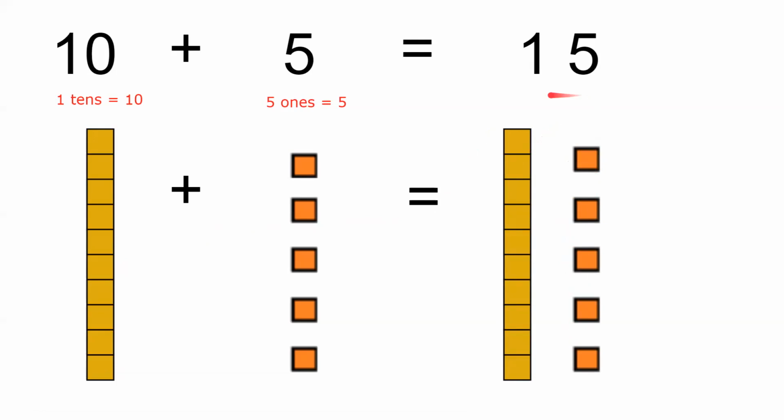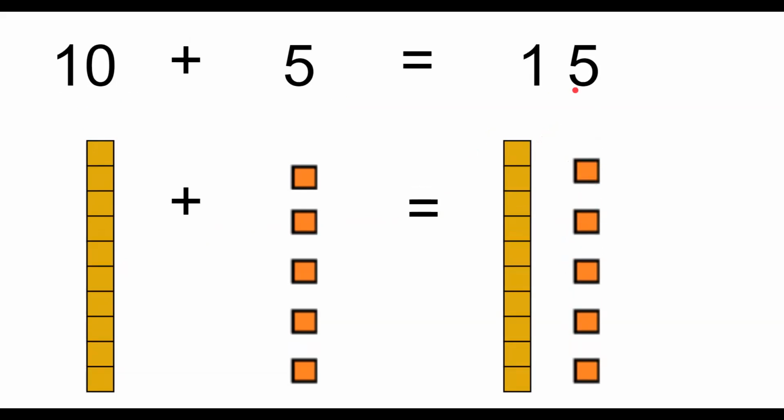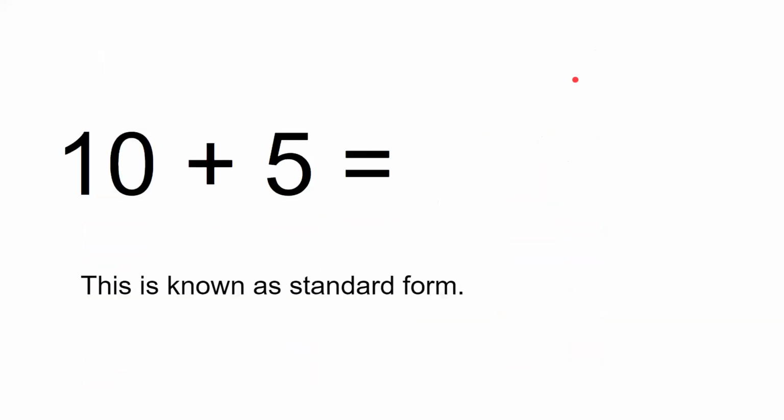This way we can learn how many blocks we have and what is the number. Now I will write this as 10 plus 5 is equal to 15. This 15 here is known as standard form. Last time we learned that this side is expanded form. This is standard form because we write it in the standard form.